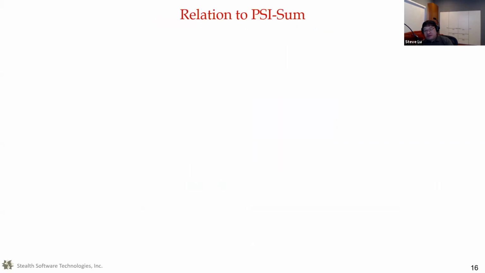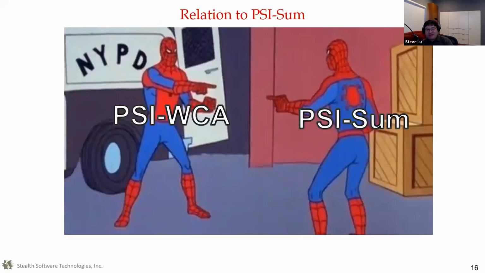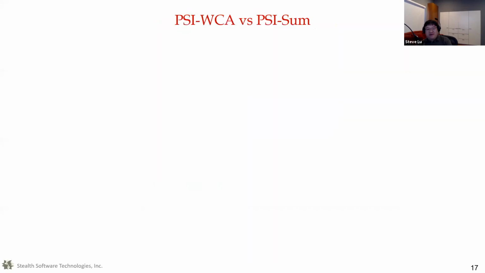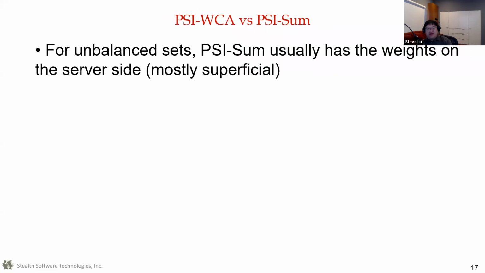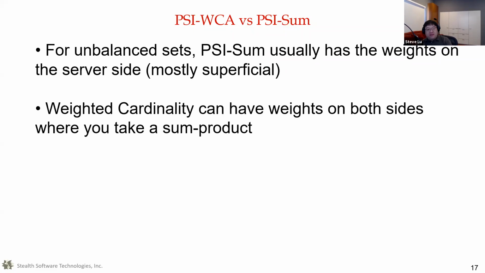All right, so you might say, wait a second, isn't this just PSI-Sum? So let me talk a little bit about how this relates to PSI-Sum. For unbalanced sets, when you're doing PSI-Sum, usually the weights are on the server side, but this is a superficial difference. With PSI-Sum, you can have the weights on either side. I think a more distinguishing difference between weighted cardinality and sum is that you can have weights on both sides, where the weighted cardinality functionality actually takes a sum product.